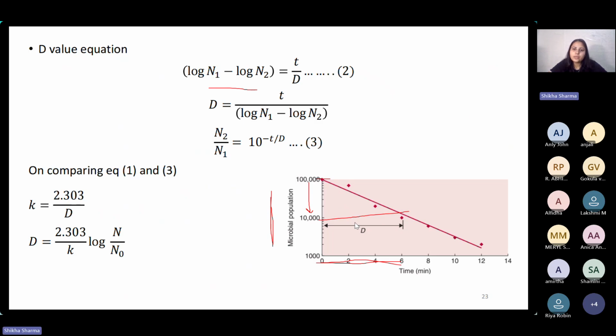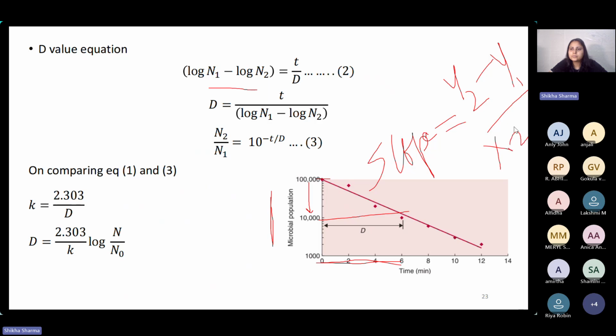The slope of this equation will be y2 minus y1 divided by x2 minus x1.